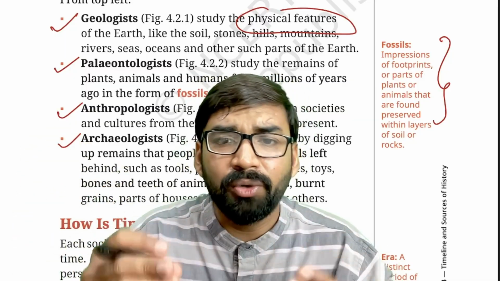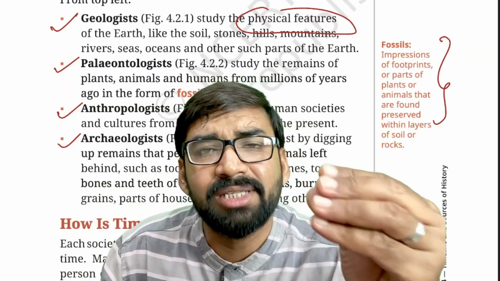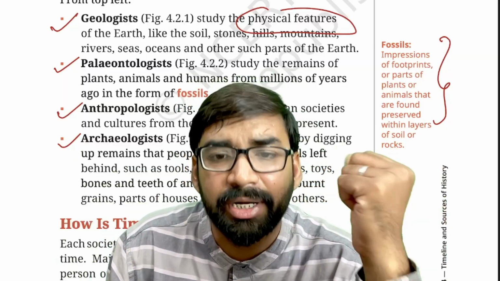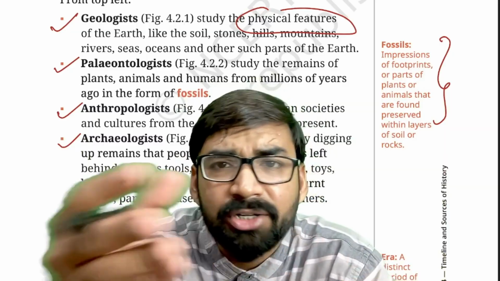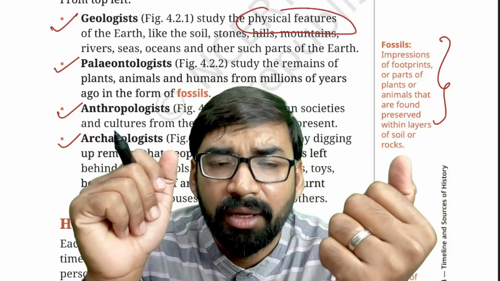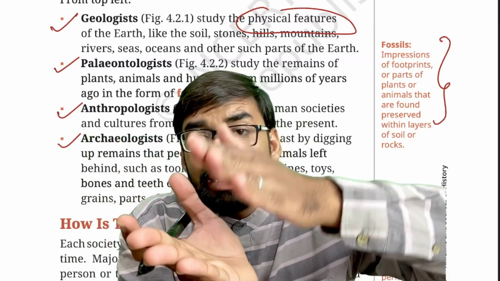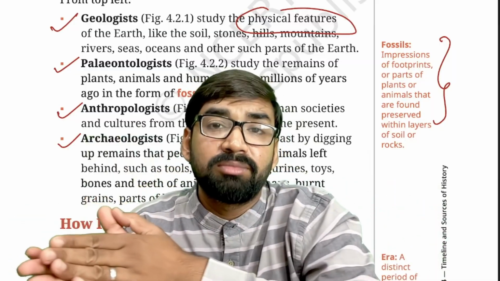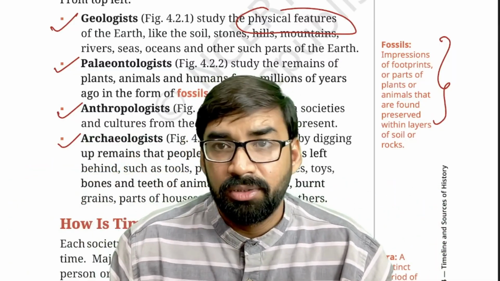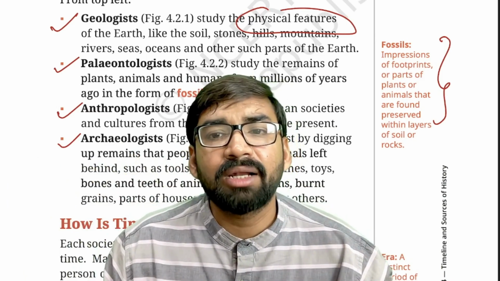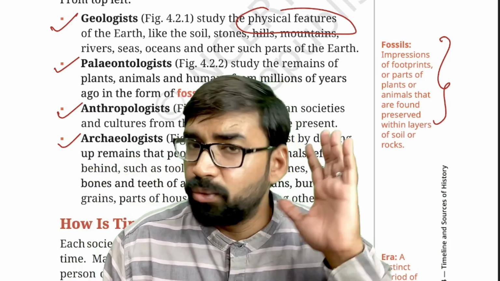So what do you understand by the term fossils? Fossil basically होते हैं impressions of footprints, or you can say parts of plants, bones हो गया, है ना. Now these fossils are basically present within the layers of soil, different layers of soil. That is why these things are important. Okay, I hope this much is clear.